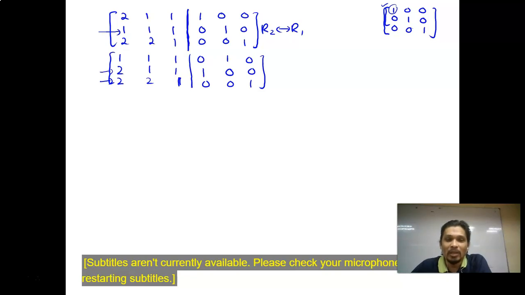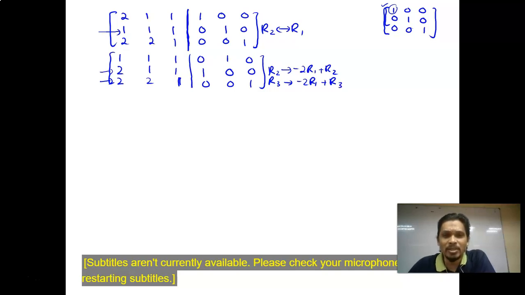So, what we're going to do now is to get a new row of R2. We are going to come up with negative 2R1 plus R2. And the new R3 is negative 2R1 plus R3.